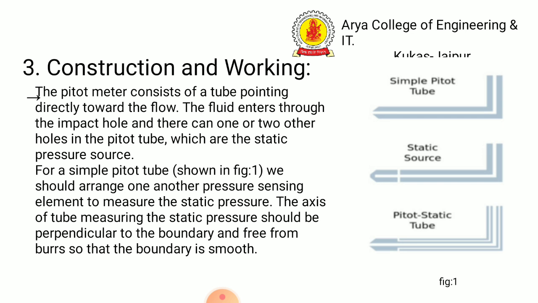The three figures show a Pitot tube: a simple Pitot tube, a static source Pitot tube, and a Pitot static tube. For the simple Pitot tube shown in the first figure, we should arrange another pressure sensing element to measure the static pressure. The axis of the tube measuring the static pressure should be perpendicular to the boundary and free from burrs so that the boundary is smooth.